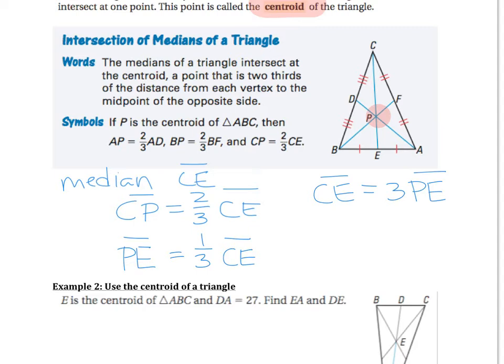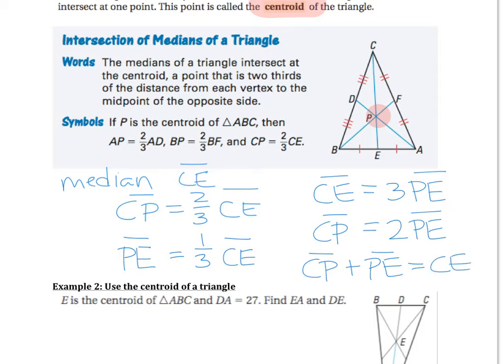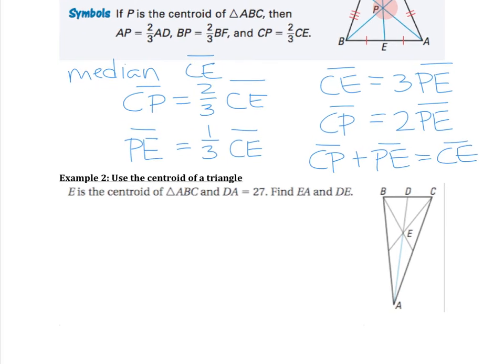We also have the longer of the two lengths, CP, equals 2 times the shorter length. And if I add the long length and the short length, I get the whole length.